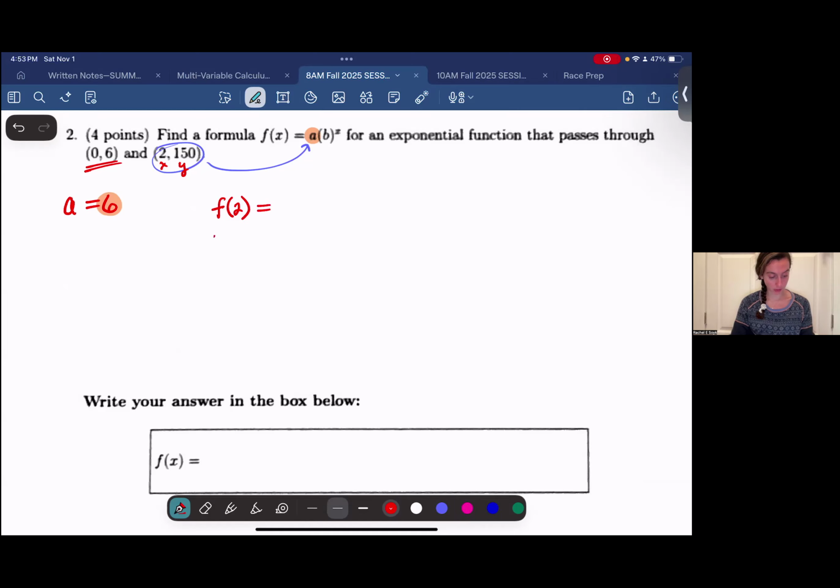So our f of 2 is just 150. Our a is 6. Our b is what we're trying to find. And again, our x is 2. And I'll color code so you can see it a little bit clearly as well. That's the entire f of 2, our output. And then the 2 itself is our input.